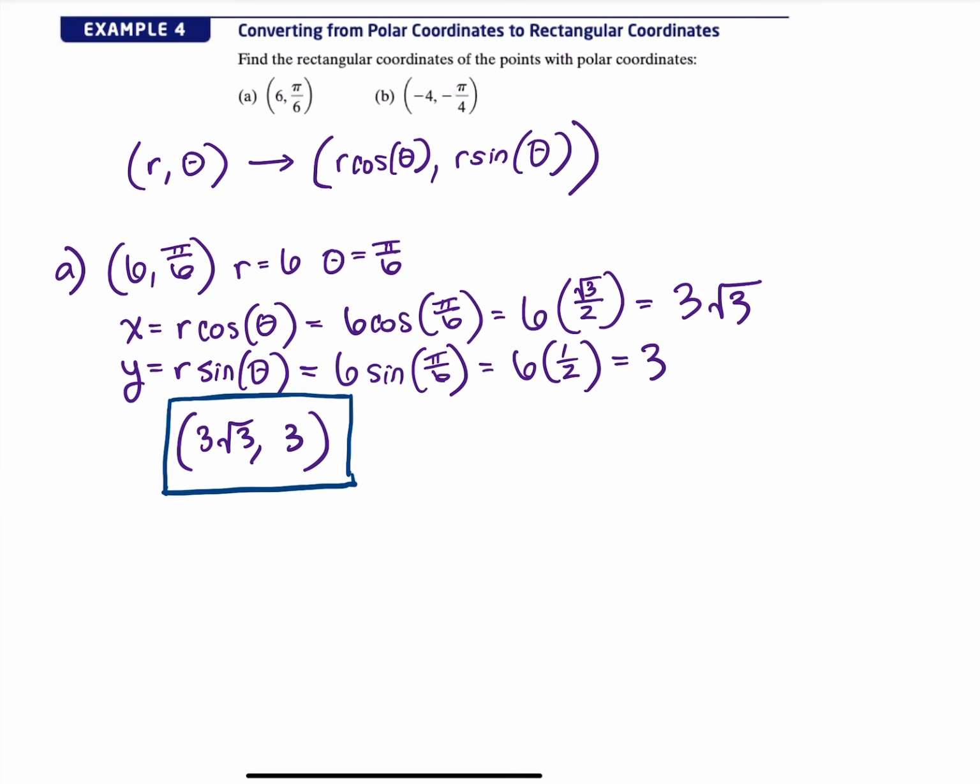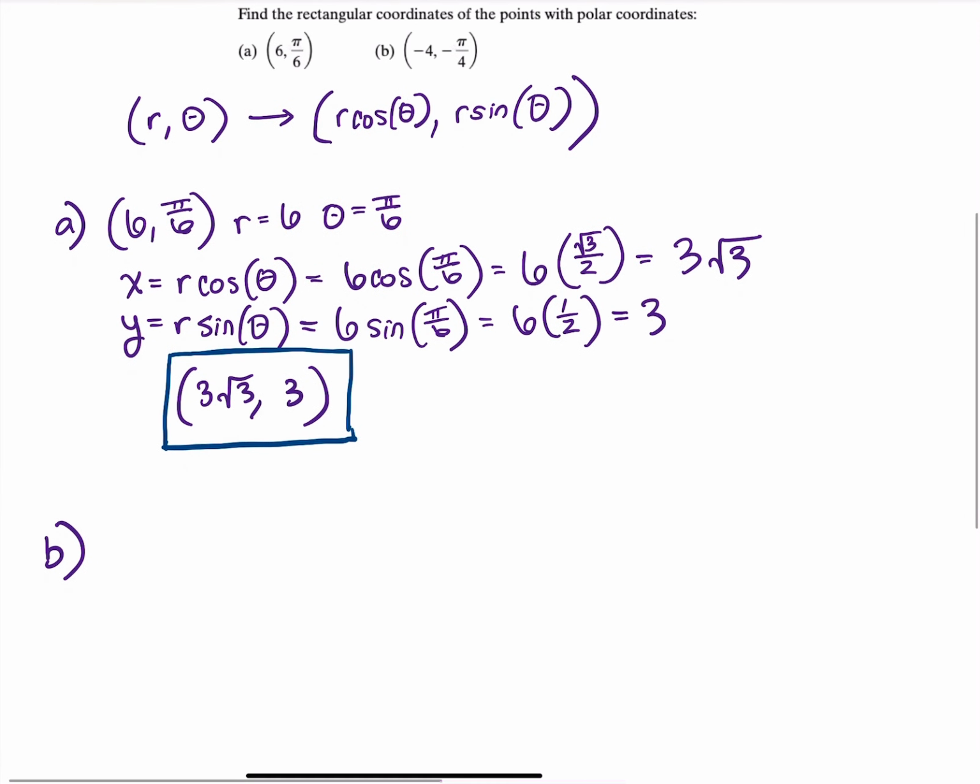So let's do the same thing for part B. Now we have a polar coordinate (-4, negative pi over 4). So now our r value is -4, and theta is negative pi over 4.